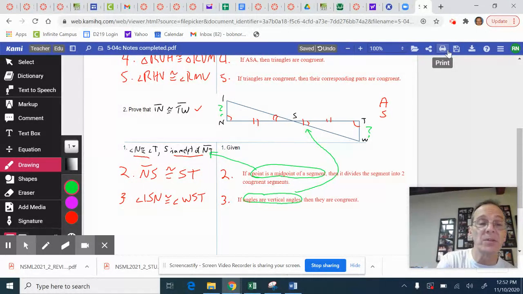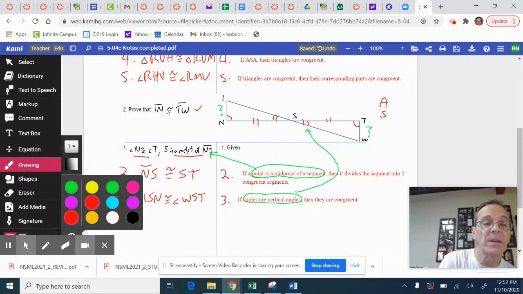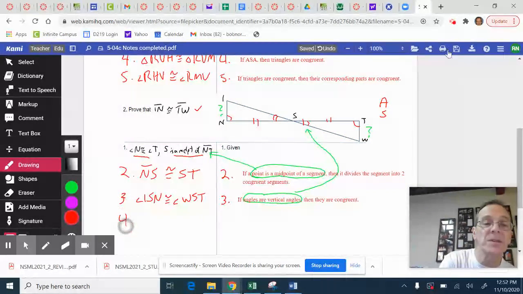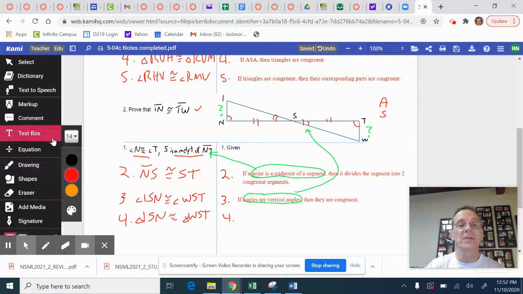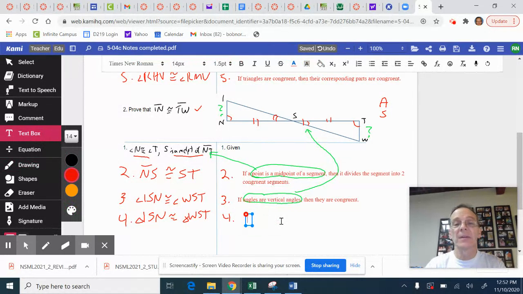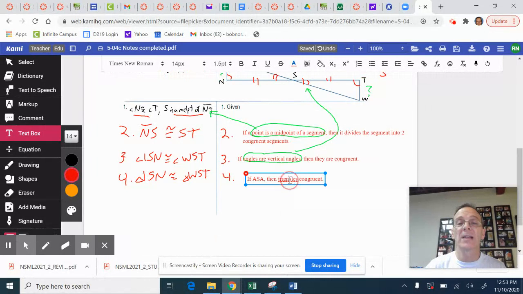So everything's good so far. Now we need a step 4. Now we can say that the triangles are congruent. Triangle ISN congruent to triangle WST. And the reason for that is, what is it, ASA, SAS? It is ASA again. And triangles congruent. Let's try to fix that, shall we? Triangles.